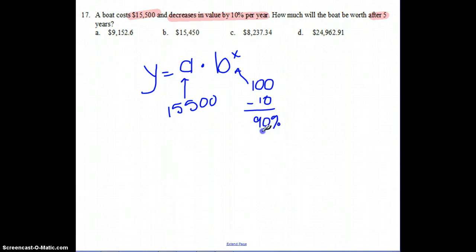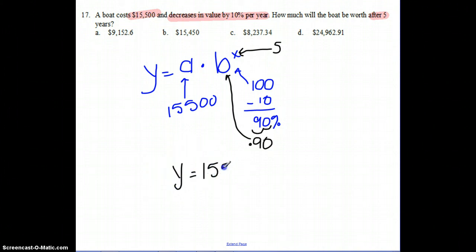And then this has to go 2 decimal places, so 0.90. That's going to go in for b. And it wants to know what it is after 5 years. So y equals 15,500 times 0.90 raised to the 5th.